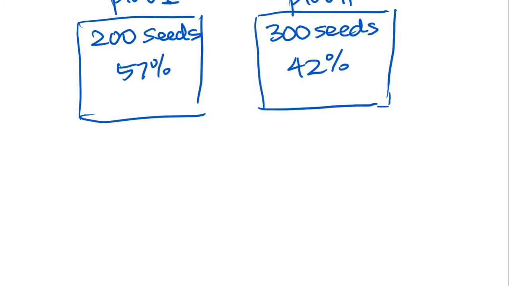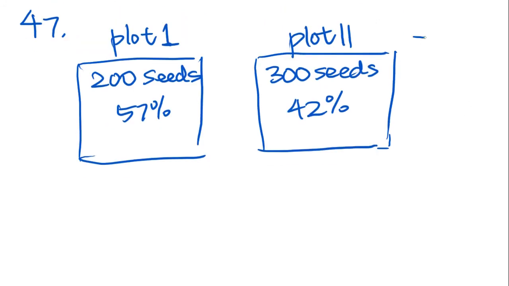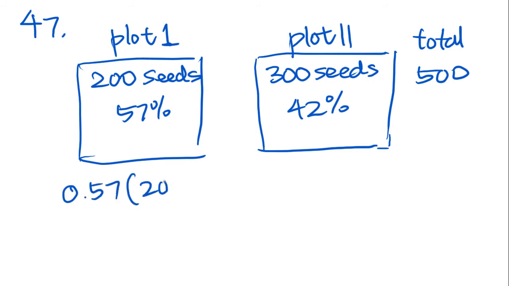So let's figure out the totals first. 300 plus 200 is 500. And then let's take the percentages of each of these numbers. If 0.57 is the same as saying 57%, you multiply that by 200.